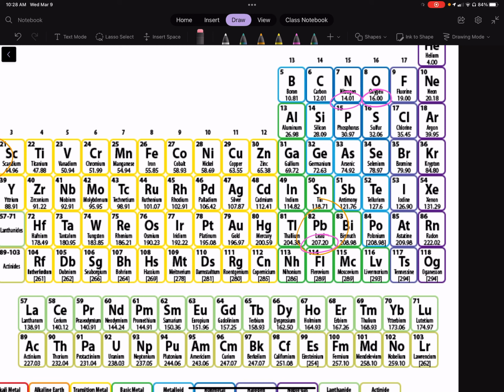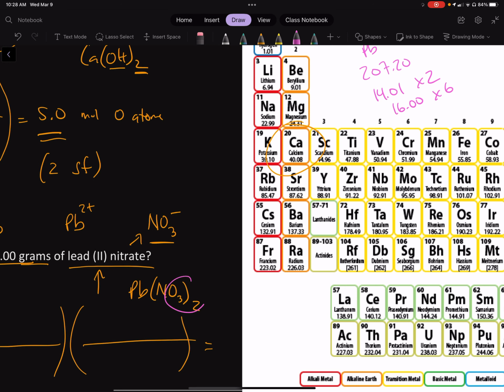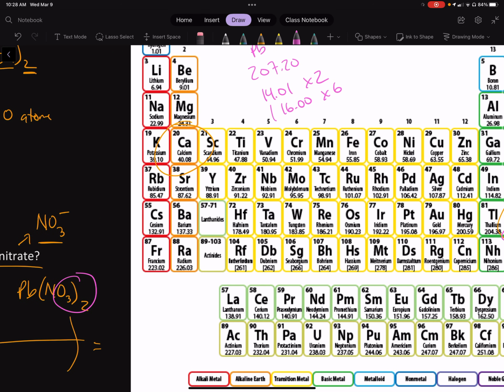We have 1 lead, so 207.20 for the 1 atom of lead, then 14.01 times 2 nitrogens in the lead(II) nitrate, and then 16.00 times 6, because if you look at the formula, we have 6 oxygens. That's how you add it up.